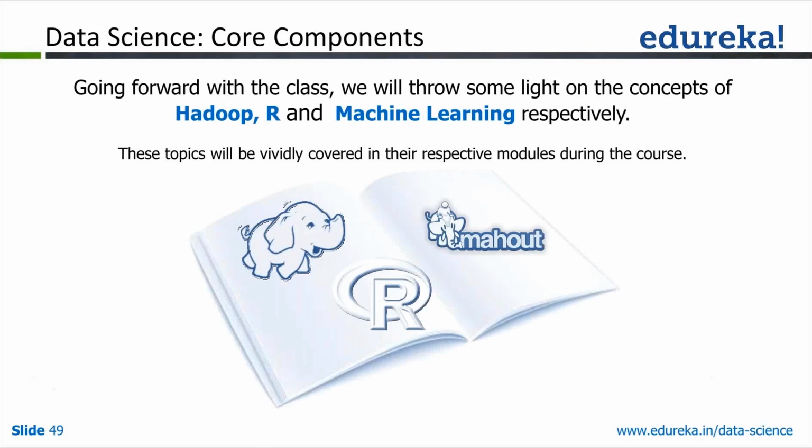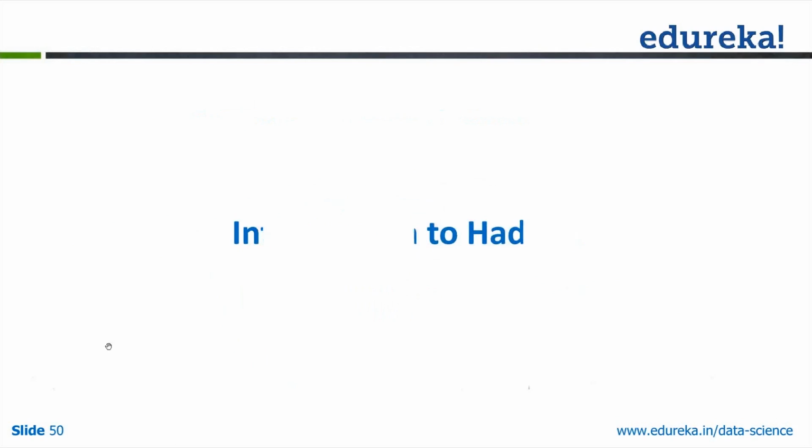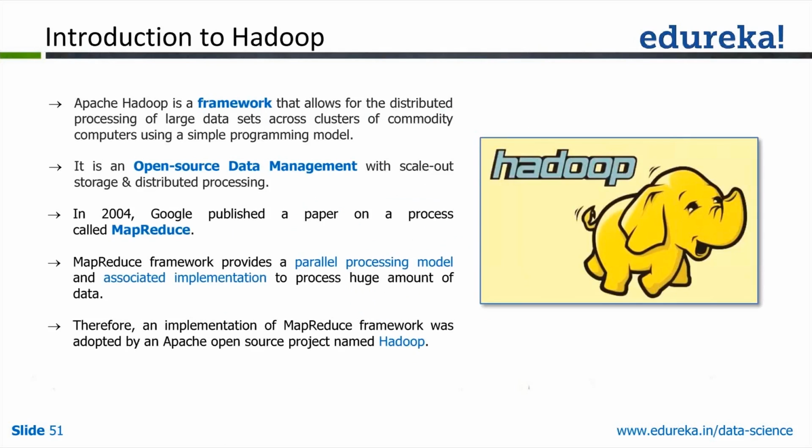Yeah, with all that, we already said the core components that we will deal with are primarily Hadoop, R, and other machine learning concepts in general. So let's briefly talk about these individual tools that we are going to use in this course, so that we get some basic understanding of all the components.